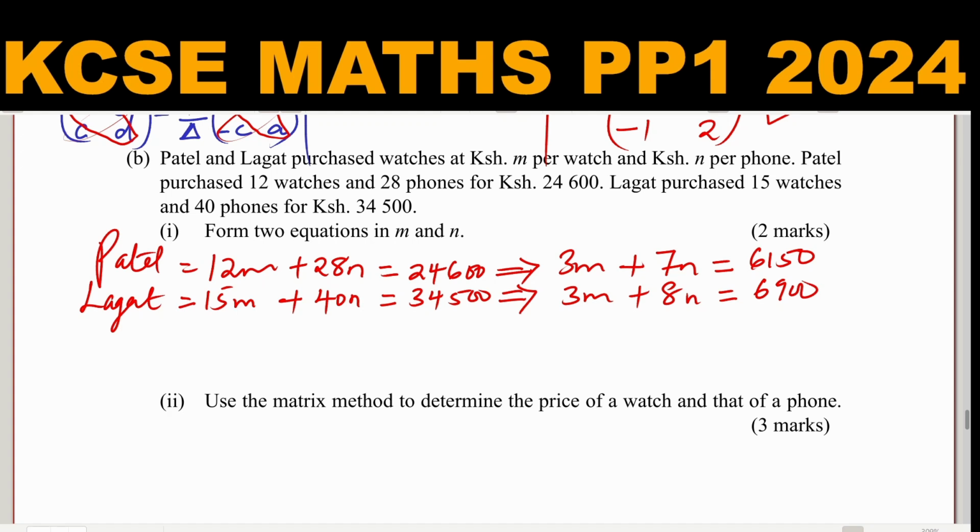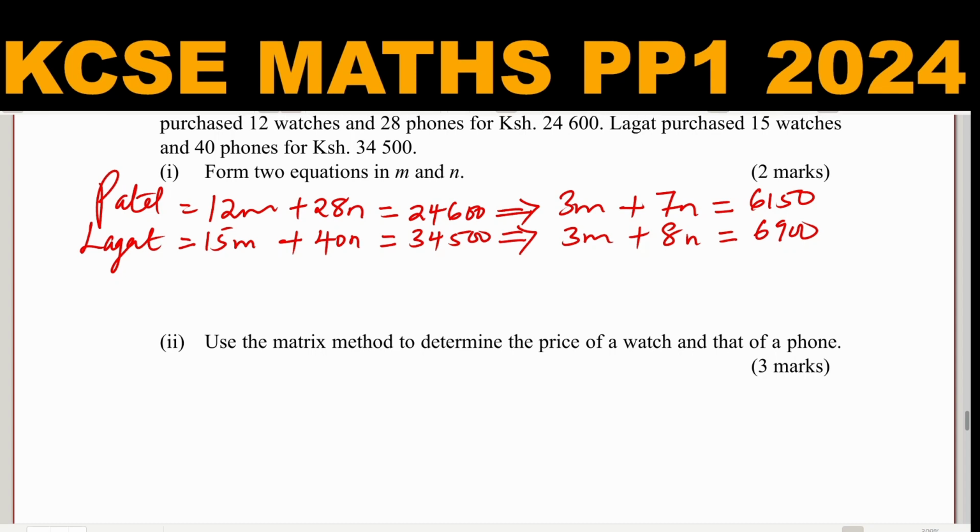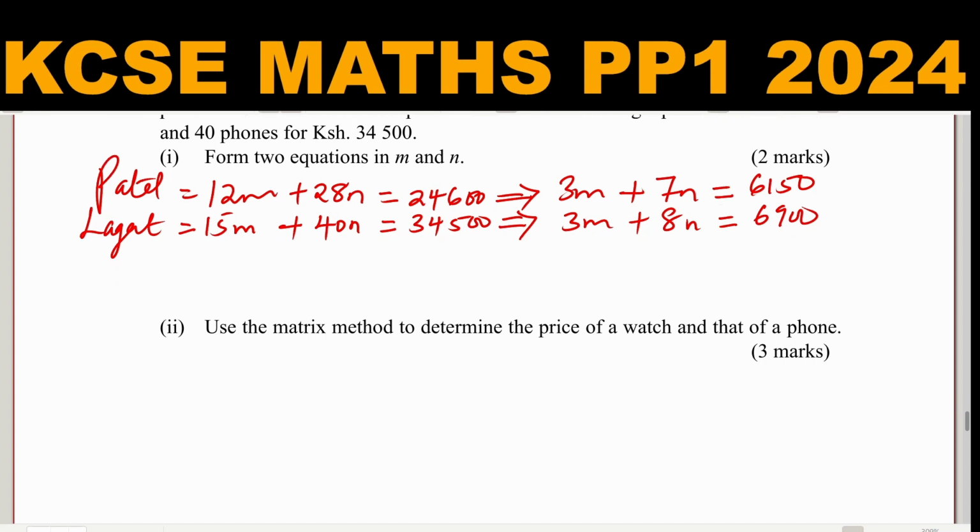Part 2, use the matrix method to determine the price of a watch and that of a phone. For the matrix method, first of all, we'll use the simplified equations. So we extract the coefficients of M and N. Kindly ensure that you have arranged them in this order.